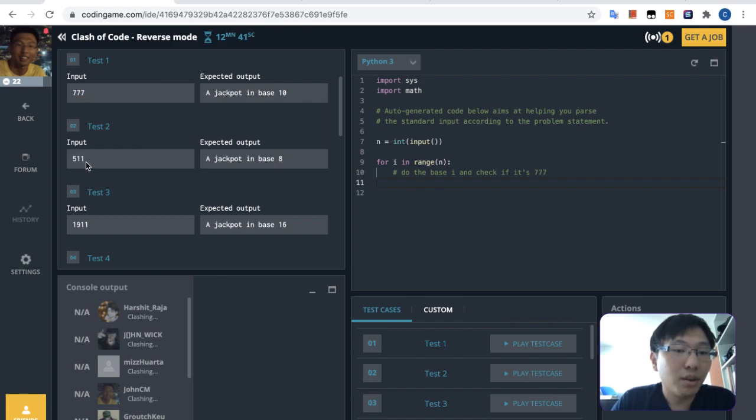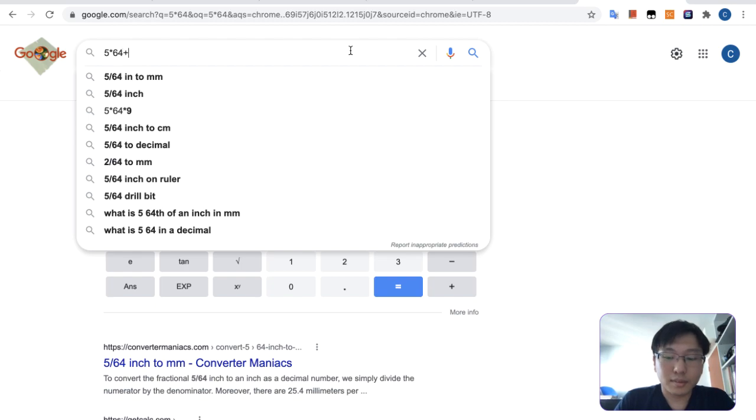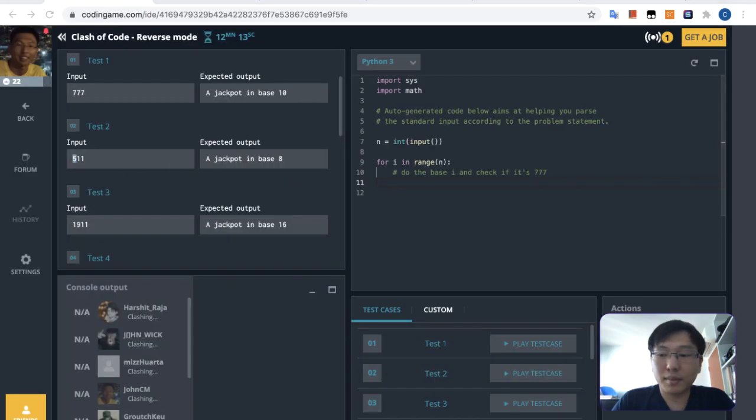This will be 1 times 8 to the power of 0, which is 1. Then 1 times 8. So 1 plus 8, and this one will be 5 times 64. Is it like that? 329, no, it doesn't work that way.